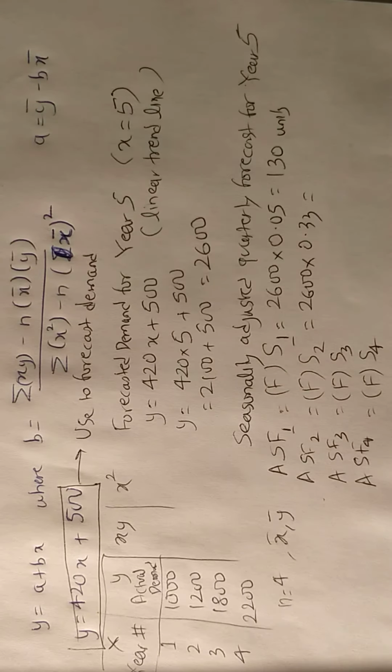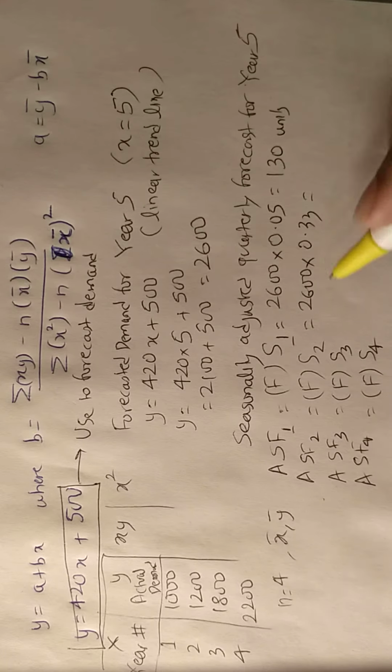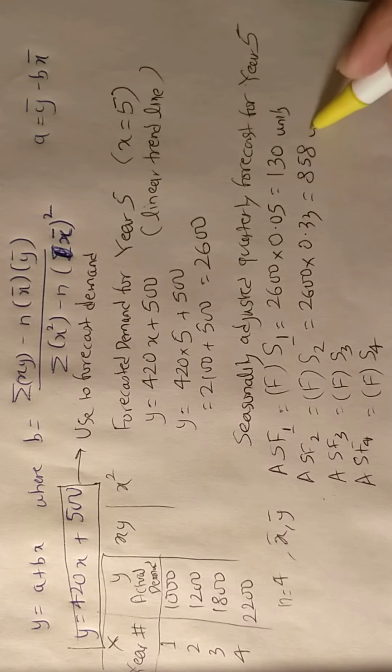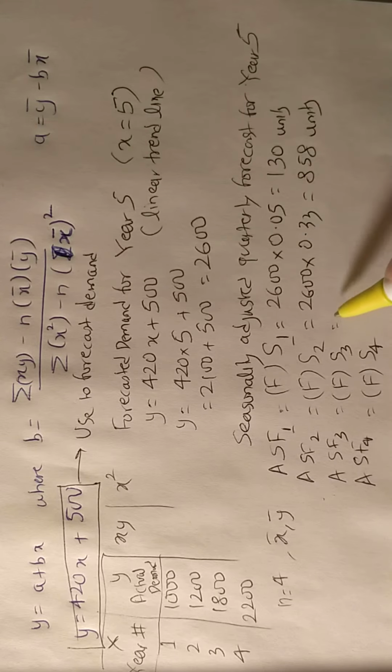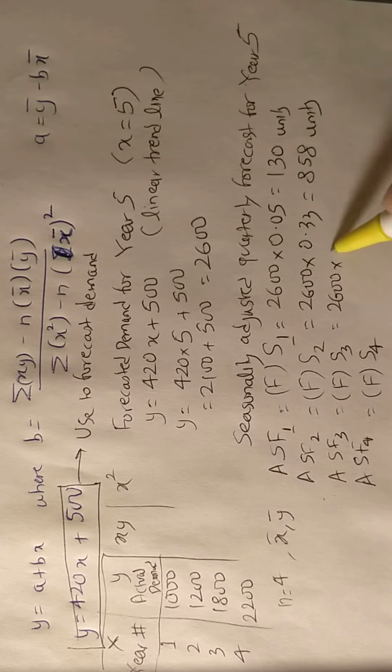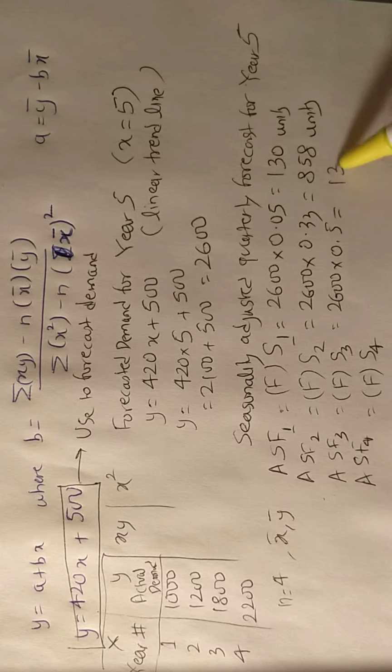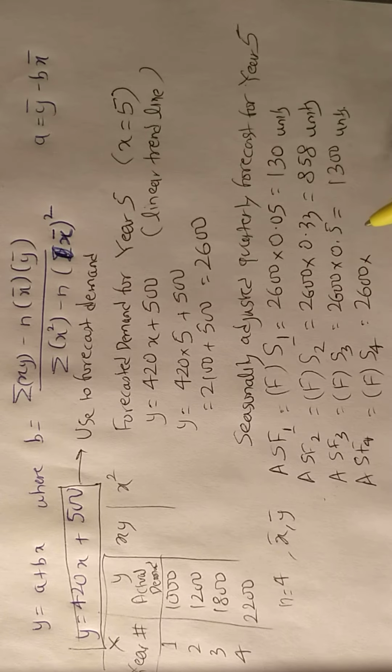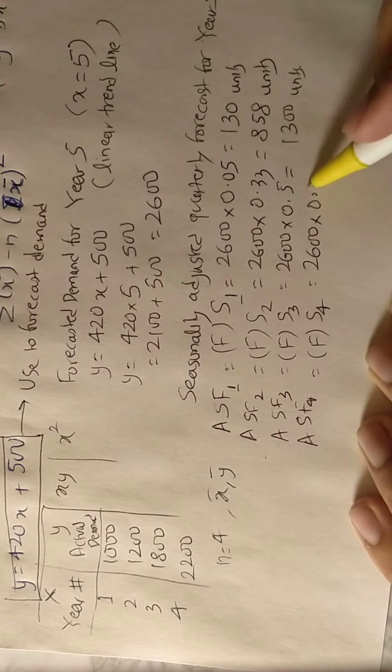So 2600 times 0.33 is equal to 858 units, and then here it's 2600 times 0.5, which is 1300 units, and the last one is 2600 times 0.12, that was our fourth seasonality factor.